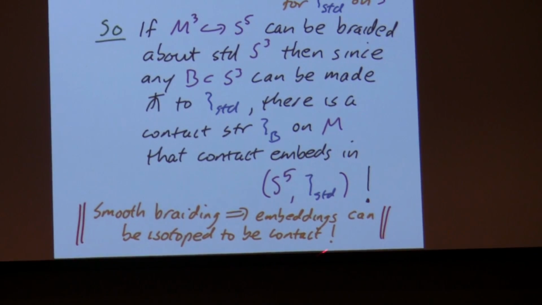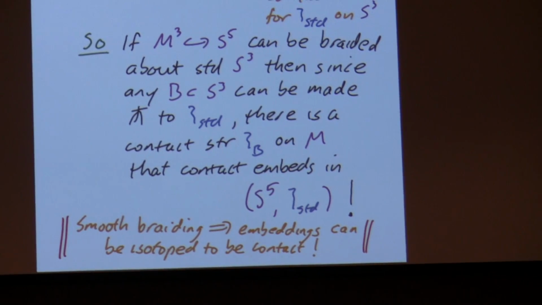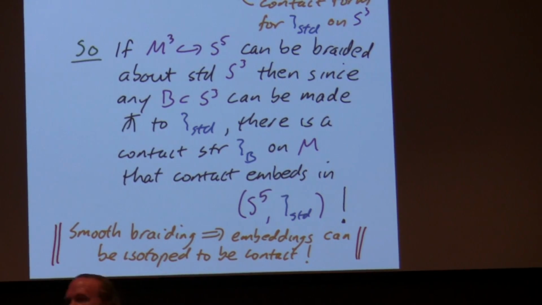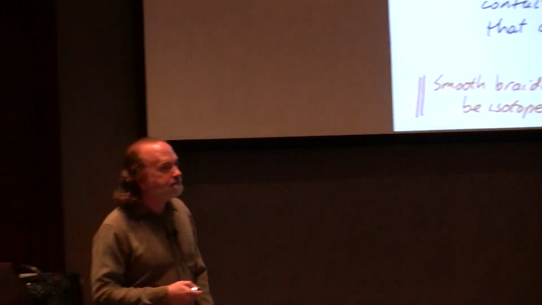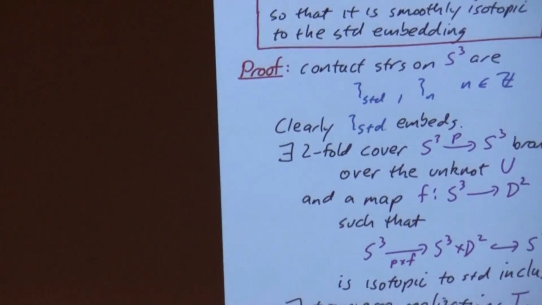And this is one of the reasons why it'd be great if you could upgrade the PL version of braiding to a smooth version, because that would then imply that every embedding of a three manifold in S5 can be isotoped to be a contact embedding. Okay? All right, great. So let's prove some of these results.